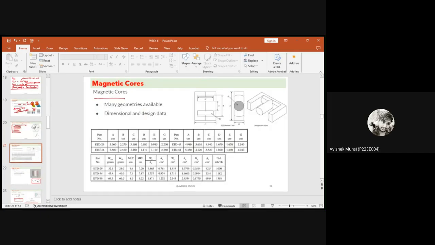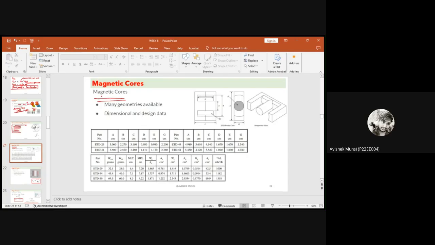Now the next thing is the consideration of the core. As we know, ideal magnetic materials cannot store energy, and practical magnetic materials store very little energy, because most of it ends up as a loss.